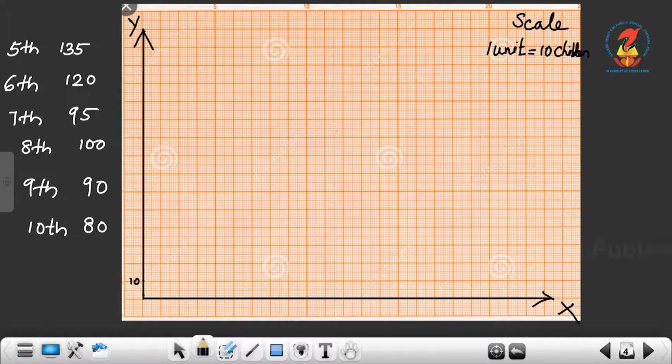Here we have 10. So this one will be 10. Then 20. Then 30. 40. 50. 60. 70. 80. 90. 100. 110. 120. 130 and 140.